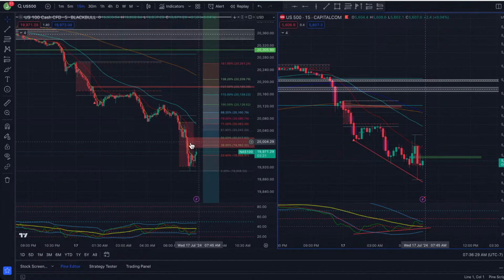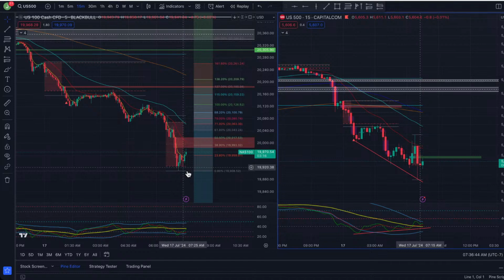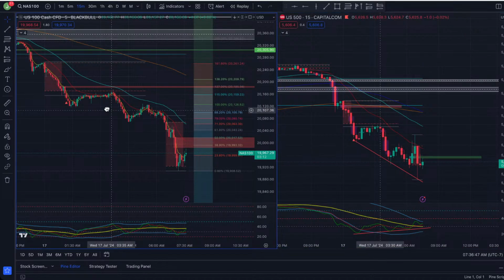Ideally, I'd like to see it bounce off of the red, which is the 20 EMA, maybe even wick the 50, which is the aqua, and then eventually start heading down and give us that bearish confirmation. That's what we'd like to look for.